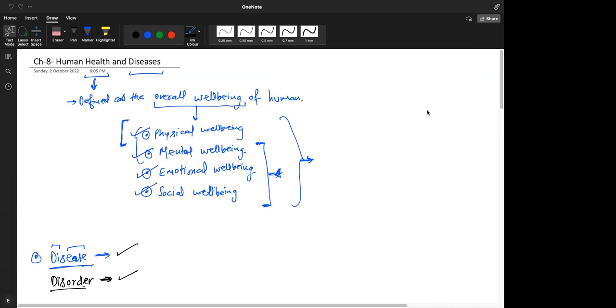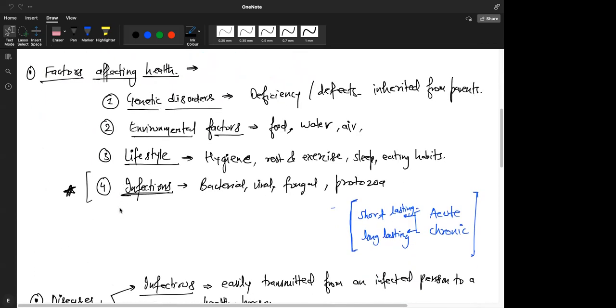The first one is genetic disorder, which is deficiency or defects which can be inherited from parents. The second one is environmental factors, for example, food, water, or air being contaminated. And the third one is lifestyle, for example, obesity, which is caused by the lifestyle of a person.